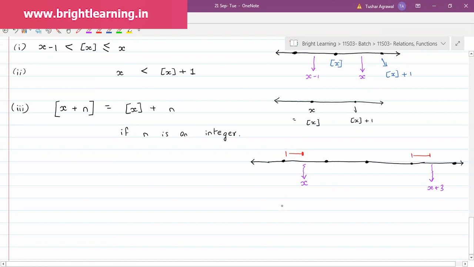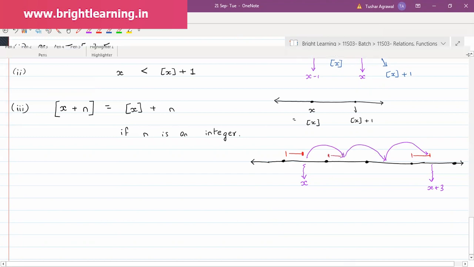Or for that matter, when I'm making jumps of integers, x plus 1, x plus 2 and x plus 3, this distance always remains the same.